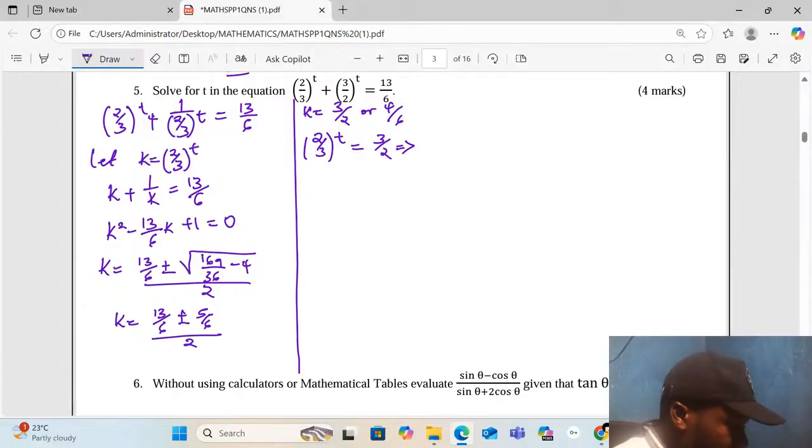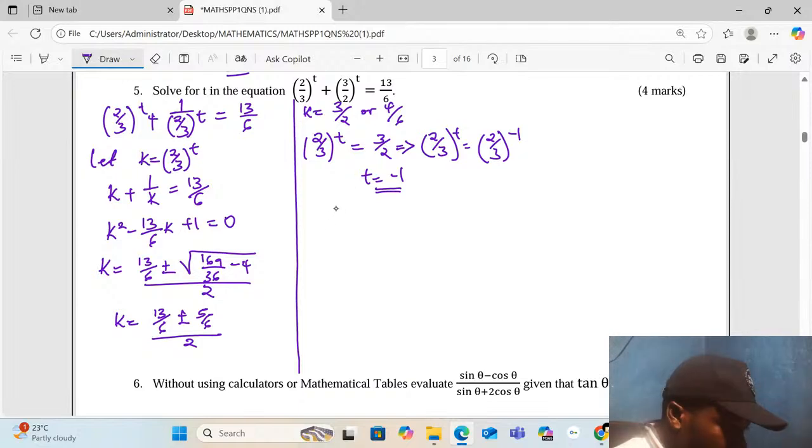Now when k is 3 over 2, 2 over 3 to the power t will be 2 over 3 raised to negative 1, and the value of t will be negative 1. So this is the first value, when k is 3 over 2.